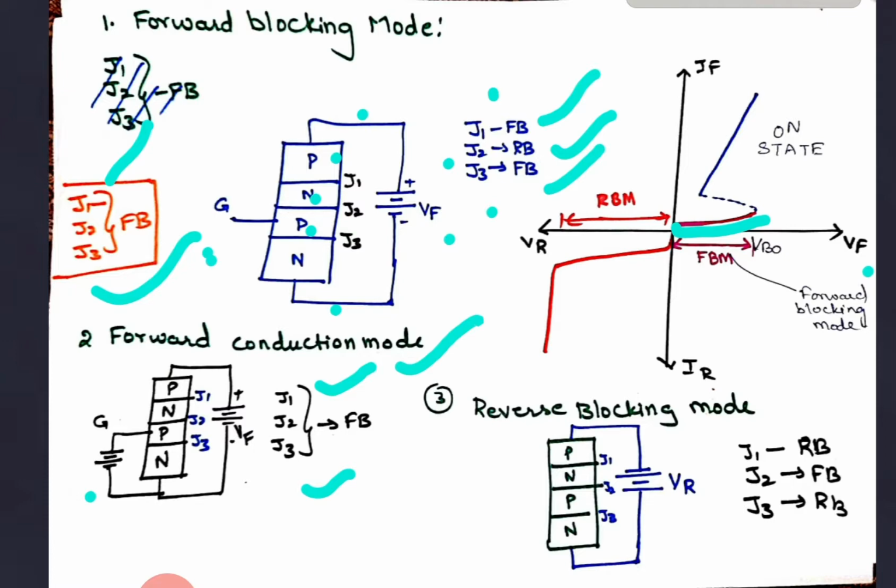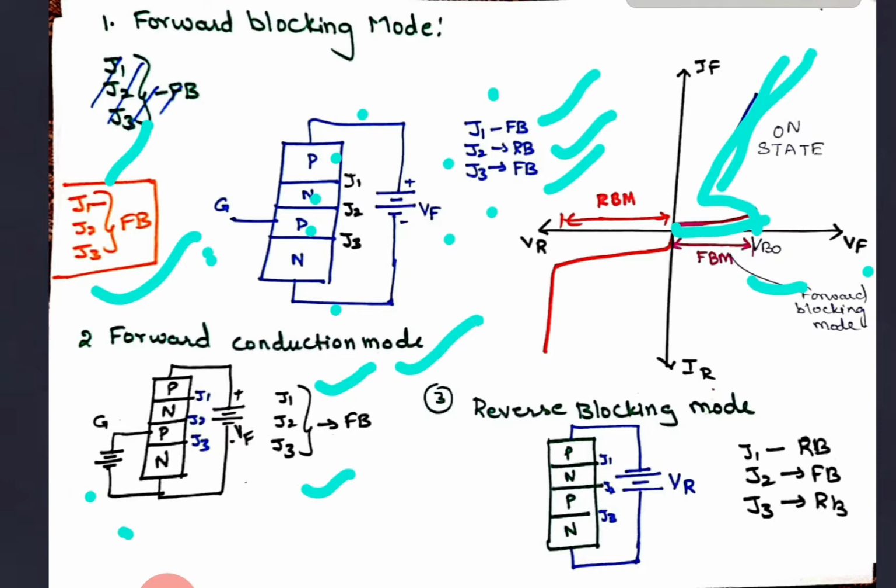In order to trigger the SCR, if we keep on increasing the forward voltage, we can find the voltage breakover. This is the voltage at which the SCR starts conducting. Suddenly the voltage across the SCR will reduce and the SCR will start conducting, and there will be an increase in the current. This state is called the on state.